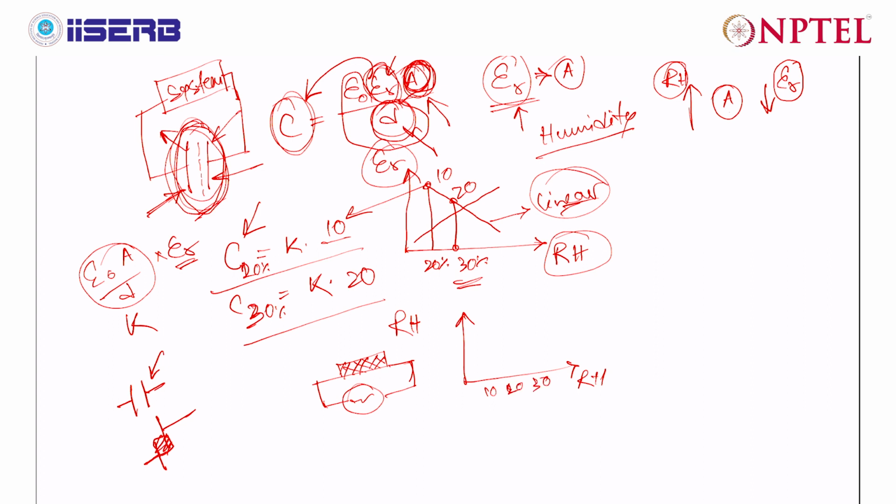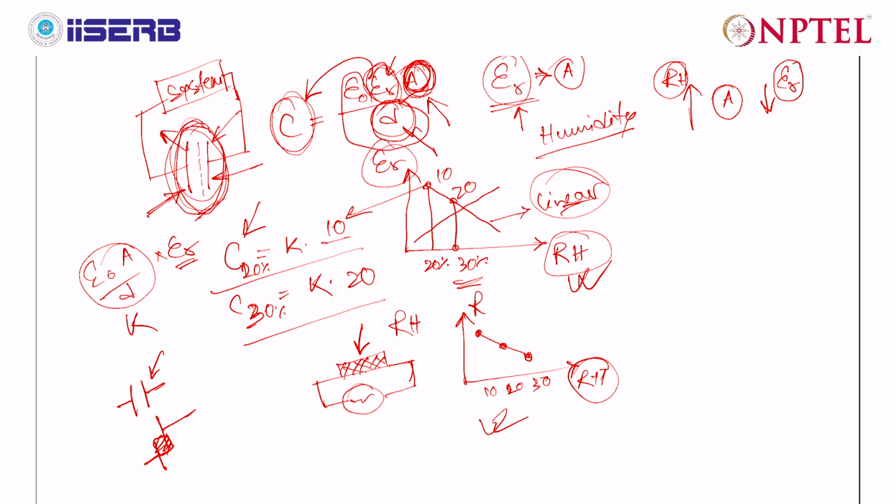Say if it is 10, the resistance R is this. If it is 20, the resistance R is this. If it is 30, the resistance R is this. Then using this arrangement also, you can measure relative humidity. So relative humidity can be measured using a resistive setup as well as a capacitive setup.